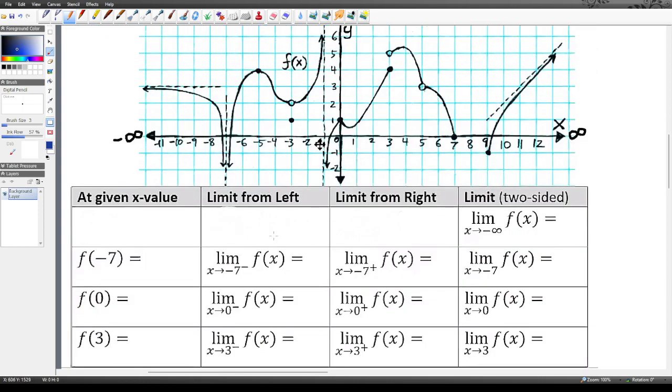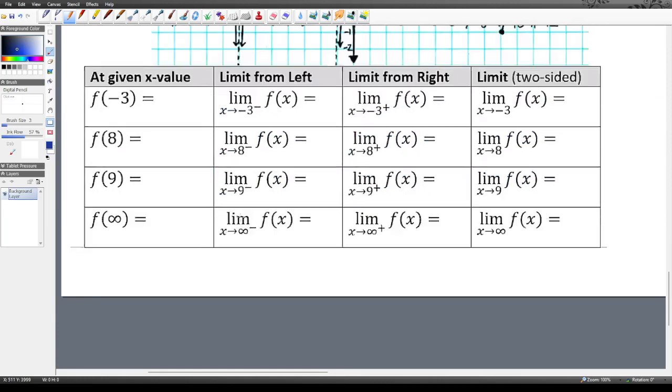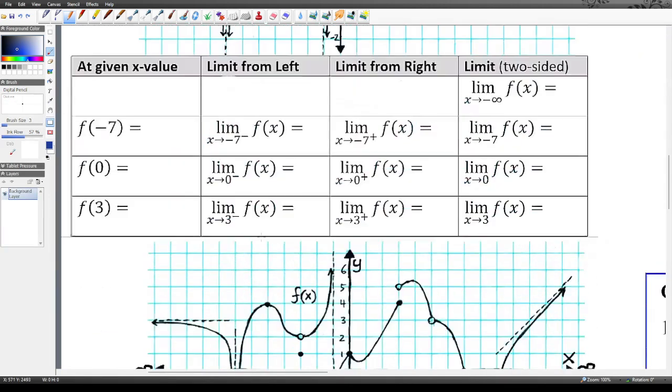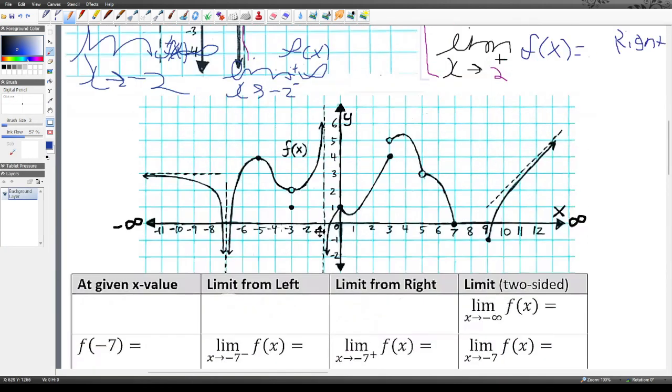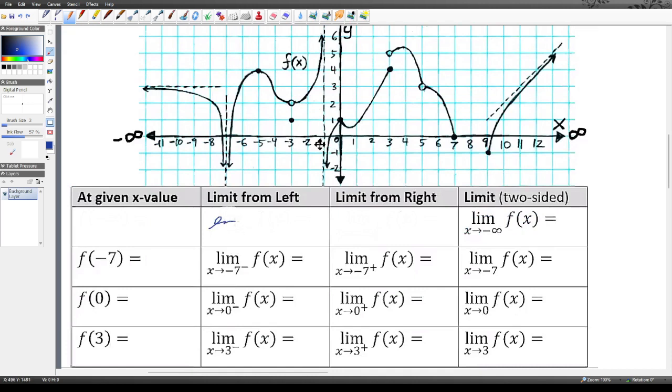I erased these because it was kind of like this. You can't evaluate infinity in a function, so that's why I didn't include them, and it was asking negative infinity left side. But if you were to do that, negative infinity from the left side of f of x, that would be negative infinity.